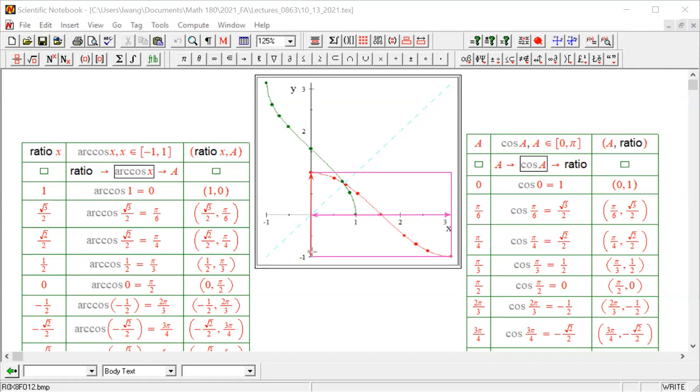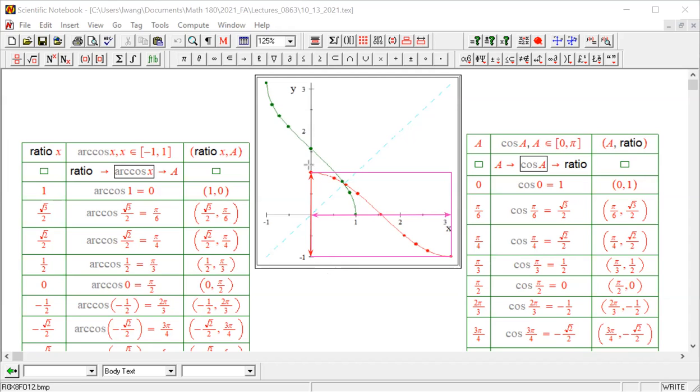Horizontal span, vertical span. This tells you the domain and range. The horizontal span is the domain and the vertical span is the range. So what is the domain? What is the range? It's all in the picture. So the domain is between 0 to pi, which is indicated here. The range is from where?